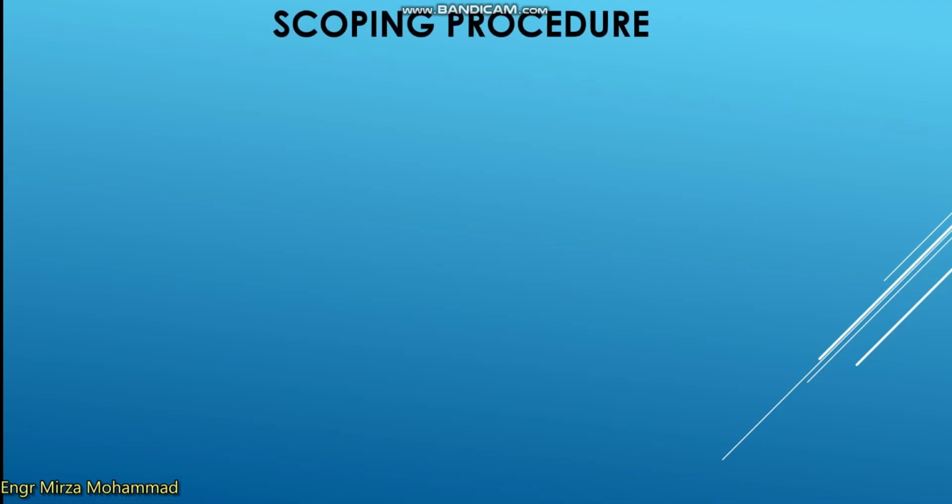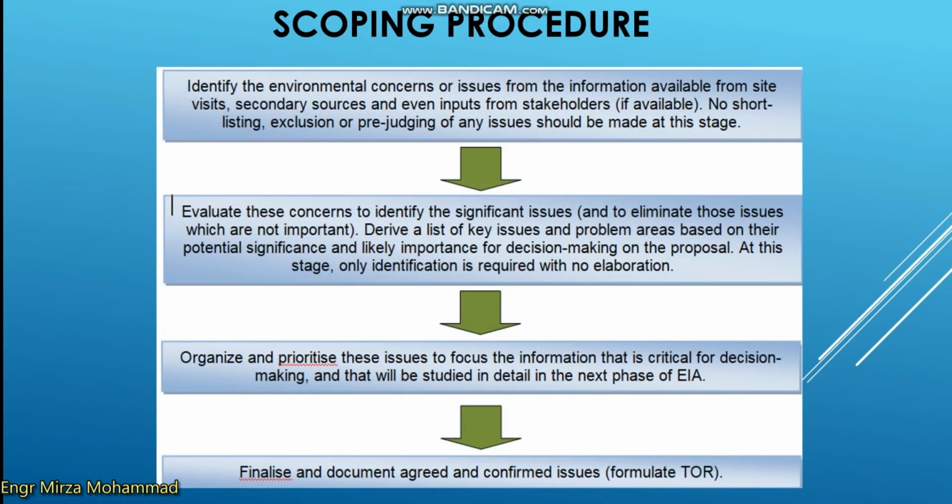So now we are going to discuss the scoping procedure. As we can see in this picture, the process is executed very simply if we understand the concept so far. As we know, scoping deals with identifying the specific or key factors which are necessary for our project.